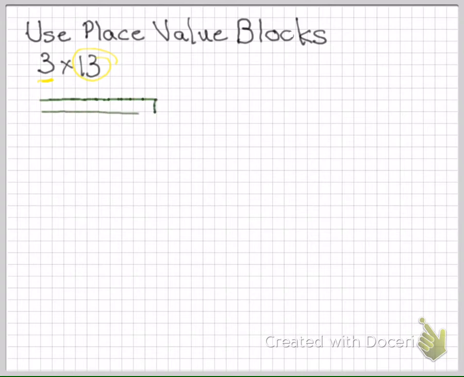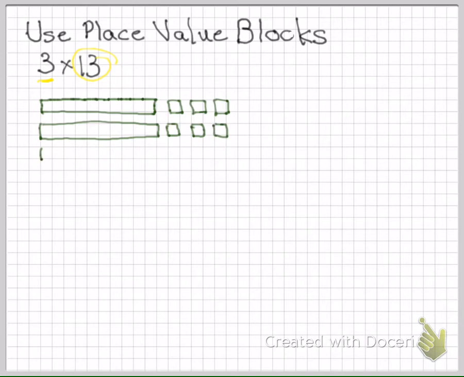There's my 10. But then I need 3 ones. 1, 2, 3. But it says I have this 3 times. So I need to make another one. There's 2. And I need to make another one. There's 3.